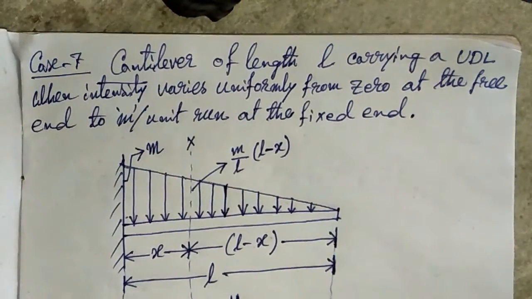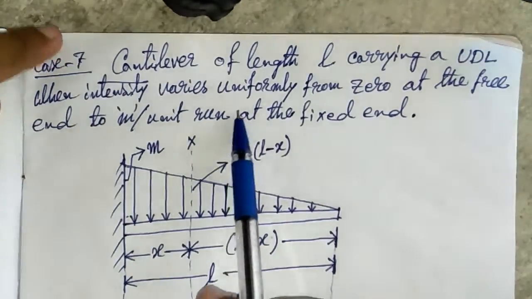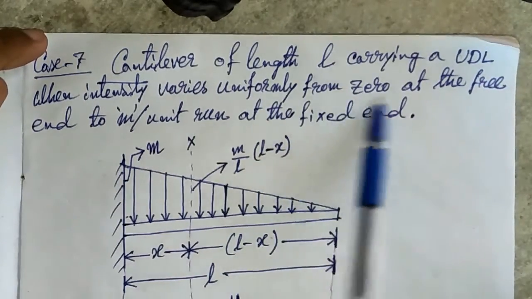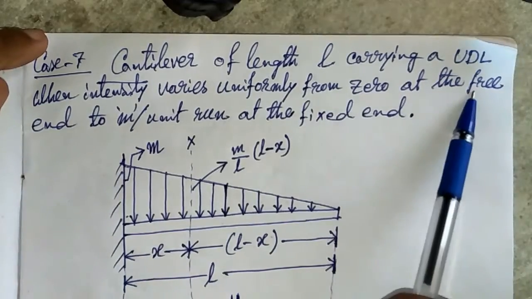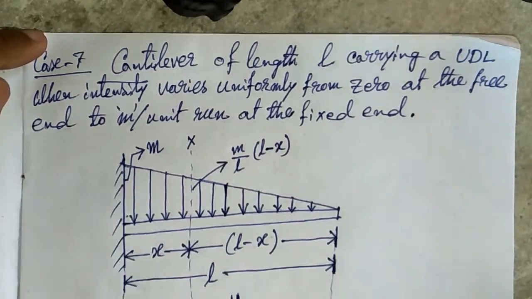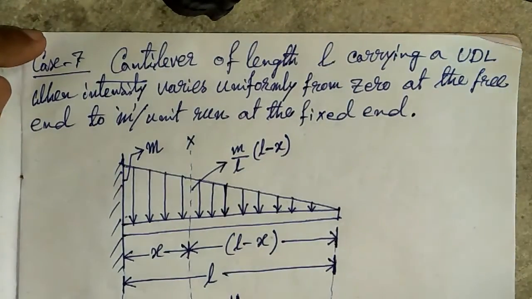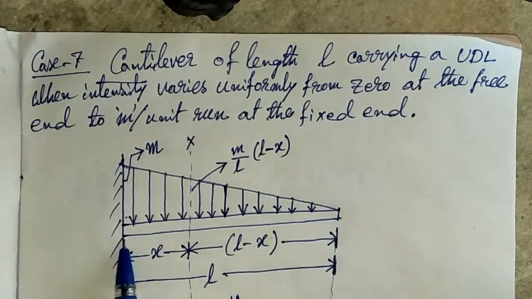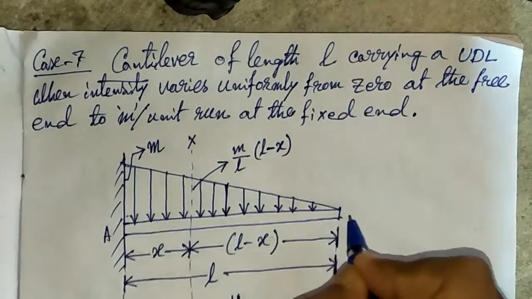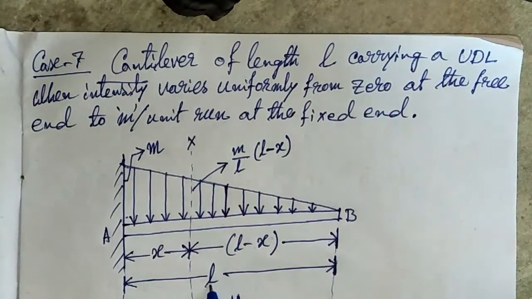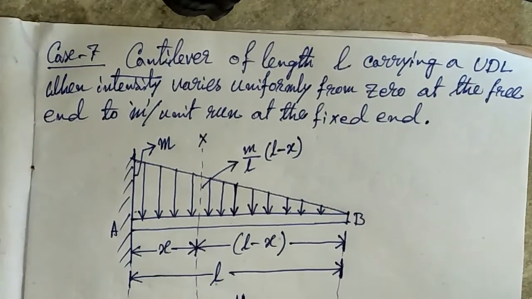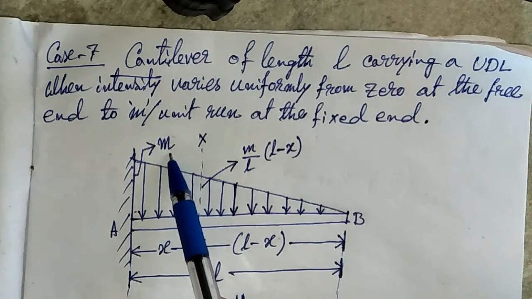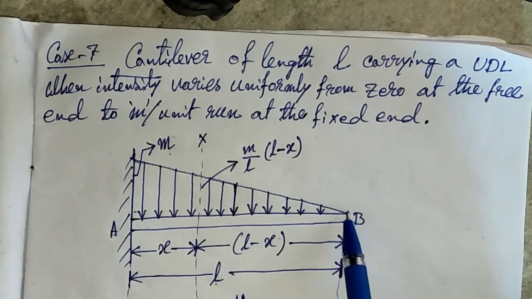This is case number 7, where a cantilever of length L carries a UDL whose intensity varies uniformly, from 0 at the free end to M per unit run at the fixed end. As shown in this figure, this is a cantilever AB of length L, and the maximum load intensity is M at the fixed end, and at the free end the intensity is 0.